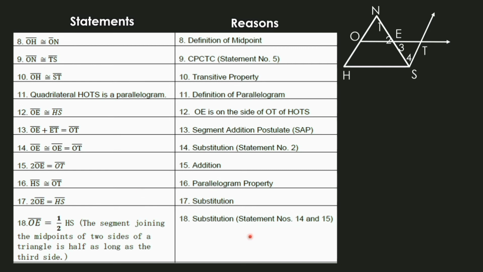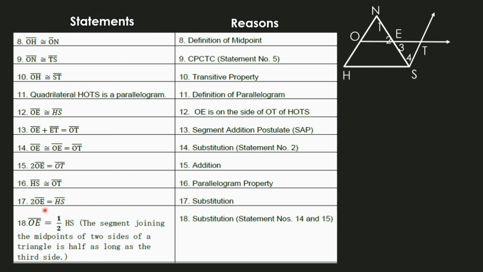Reason is substitution. Statement number 14, OE is congruent to OE. And statement number 15, 2OE is equal to OT. So, paano siya naging OE is equal to 1/2 HS?